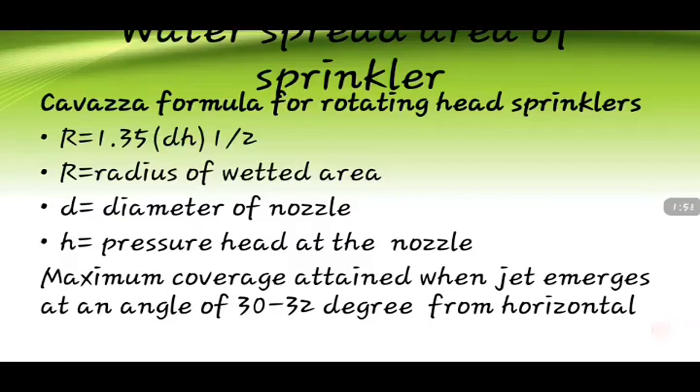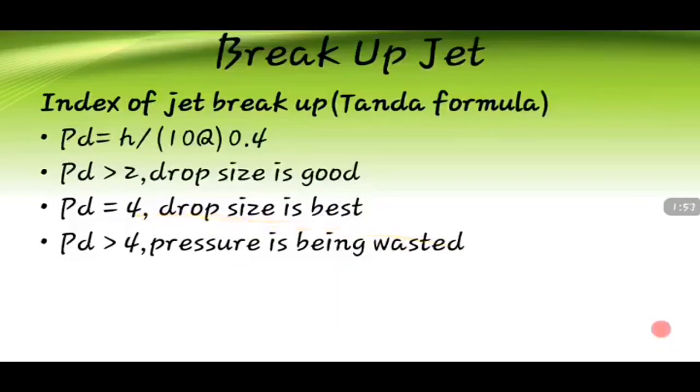Breakup jet. It is the accessory in a sprinkler which breaks up the water and turns it into drop sizes that make the wetting front of the soil appropriate. The index of jet breakup by the Tanda formula: PD is equal to H divided by 10Q raised to 0.4.